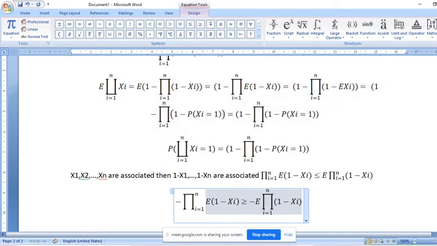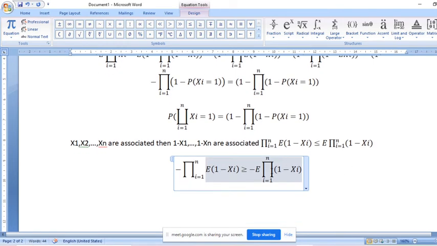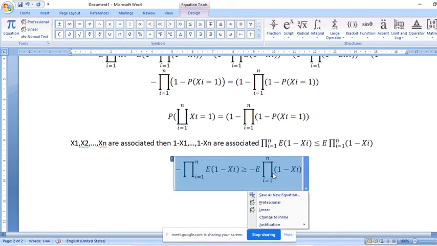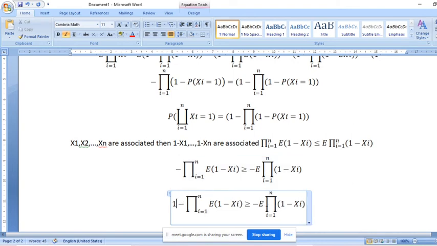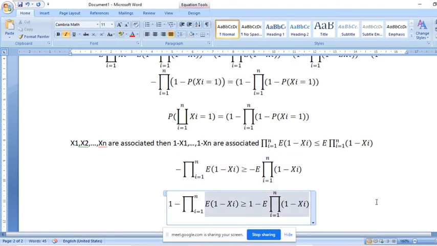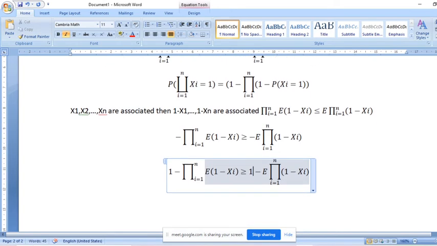When we multiply, that will become greater than or equal to, and then add 1 on both sides. So 1 minus this will be greater than or equal. Okay, so what will be the result?